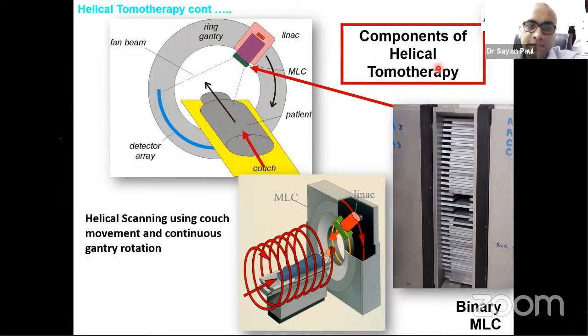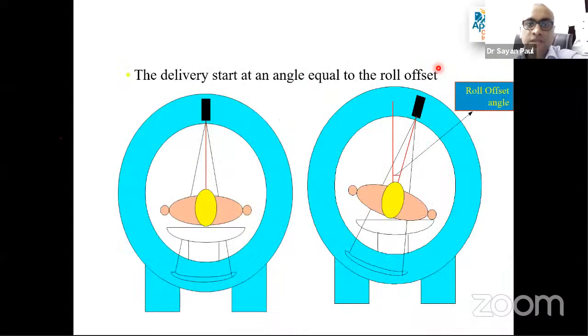There is a detector array opposite to the linear accelerator which can capture the image and which can give a helical scan, an MVCT scan, which you can match with your planning CT scan. Another benefit of tomotherapy is that it can correct the roll error, because it is in the ring gantry.